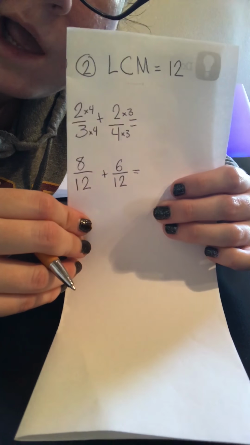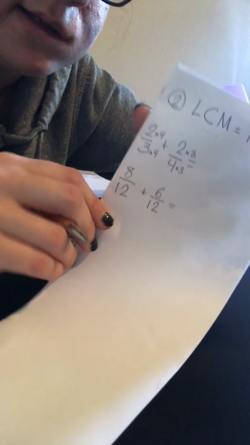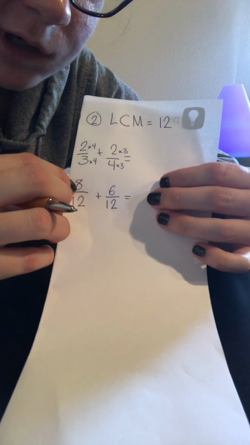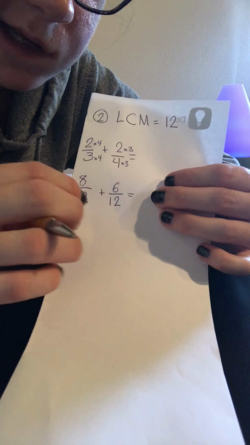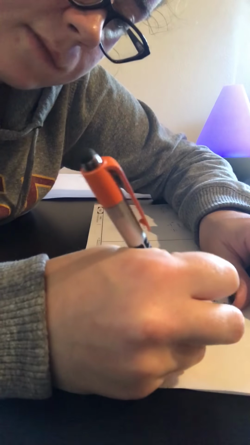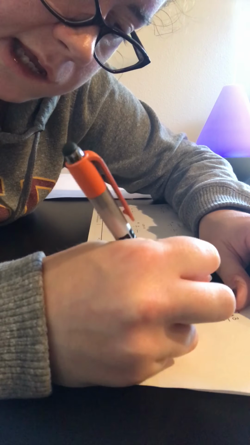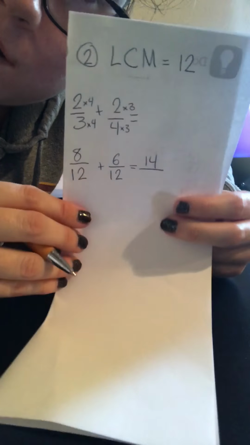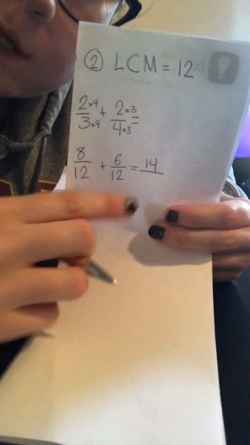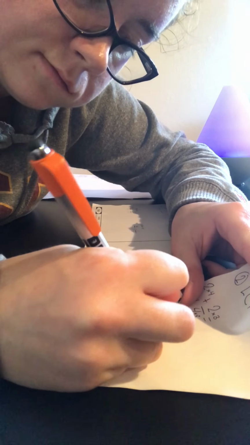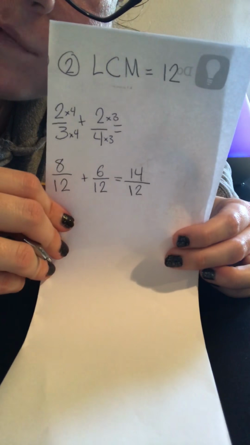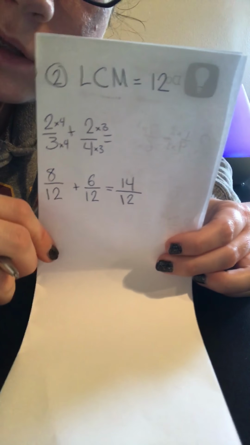So I'm going to go ahead and add these straight across and see what happens. Adding the numerator straight across. 8 plus 6 is 14. My denominator comes straight across. 14/12. Oh, that makes me really unhappy.